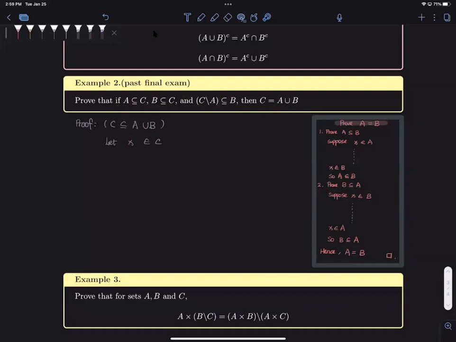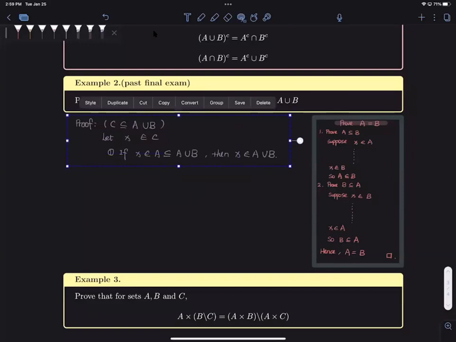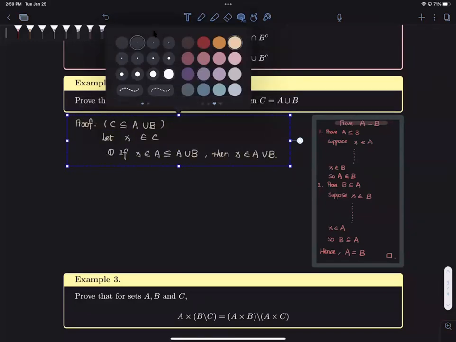So my first case is, suppose X is in A. Well, A is a subset of A union B, which means X is in A union B. Okay, so this is what happens if it is in A. If it's not in A, hold on, I want to change the color a bit so it's more clear for you.